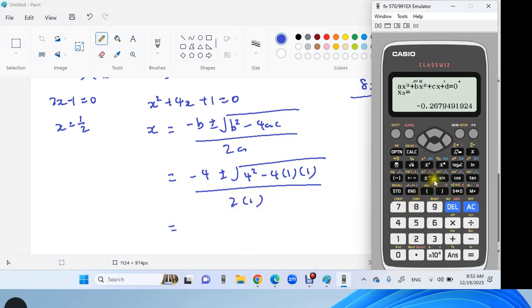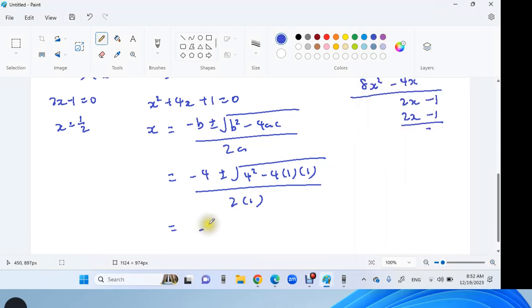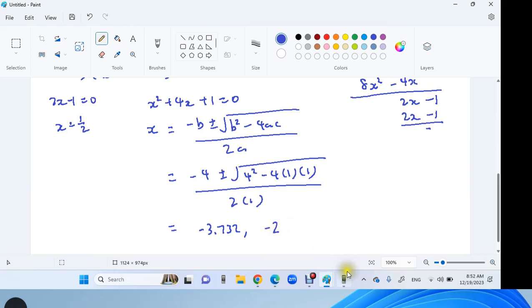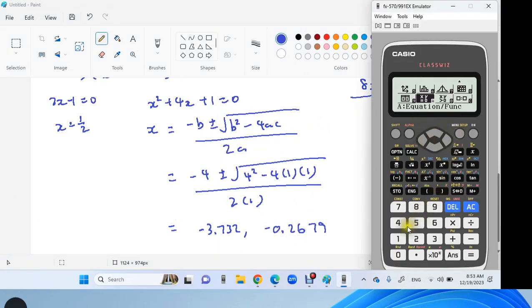Then for this one, you can just write these two answers: negative 3.732 and negative 0.2679. Because if you do it manually, we have negative 4 plus minus square root, divided by 2.